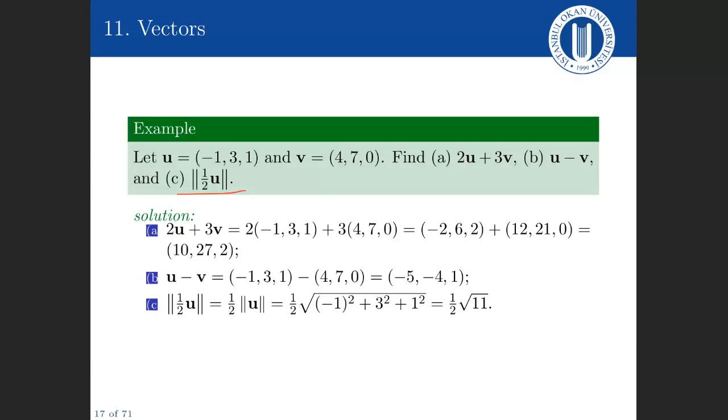As we did on the previous page, if we have a number inside the norm, we can take the number outside. If the half is a positive number, we don't need the absolute value signs. We can just say that the norm of a half u is equal to a half multiplied by the norm of u. And then when we run through the calculation, we get a half square root of 11.